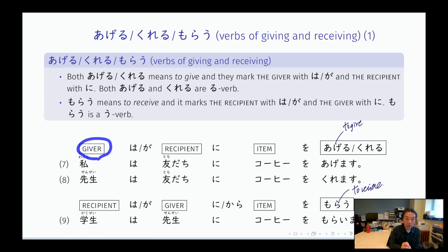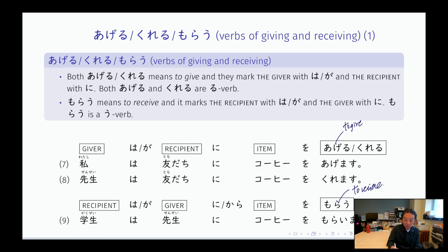Okay, the same way in English, if you say to give, you have the giver as a subject. So someone who gives is the subject of the sentence, and then the recipient is marked by what we call the oblique case, and in Japanese it's ni. So ni indicates the second participant, in this case the recipient, and then the item is marked by o.